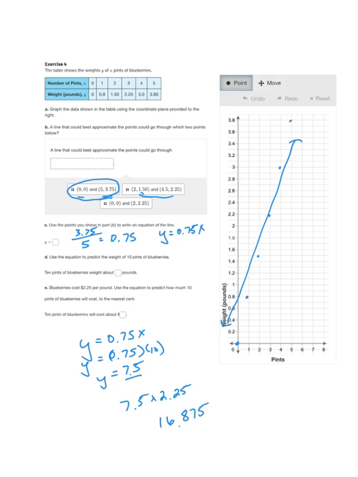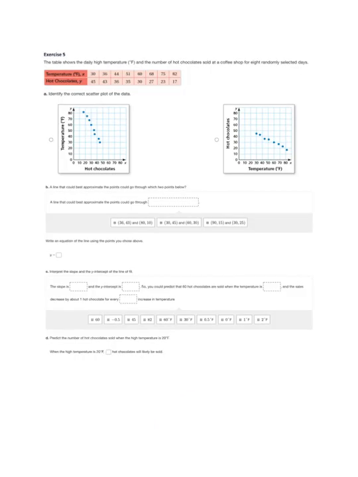Of course, we want to round that to the nearest cent, so that's $16.88.